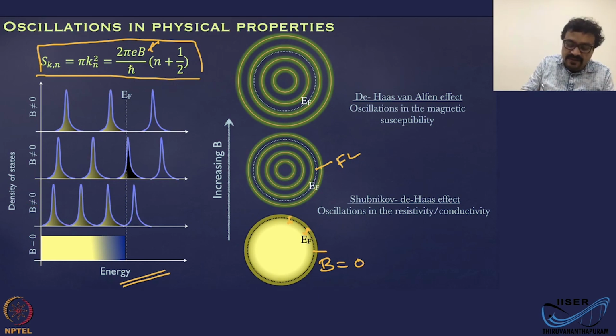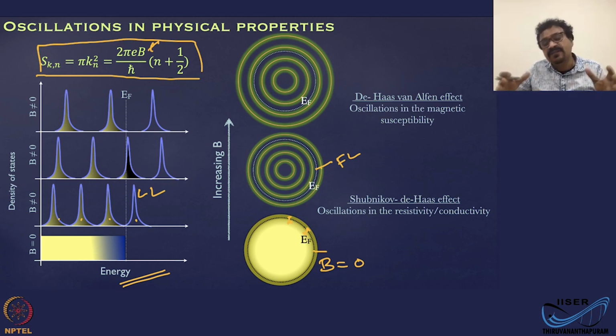Each of these are actually Landau levels, starting from the outermost and going inwards. Now, the spacing between the Landau levels and the circumference and the radius of these circles is proportional to B, as given by this equation.